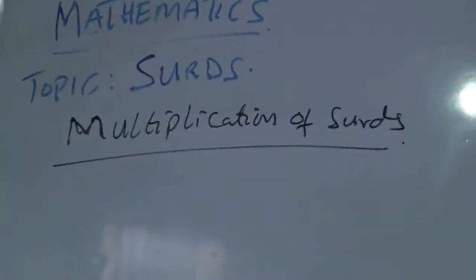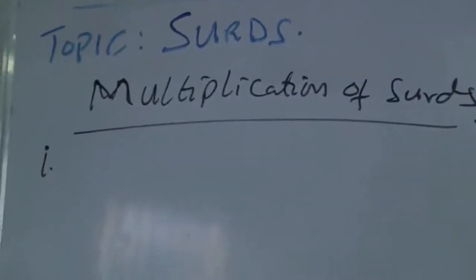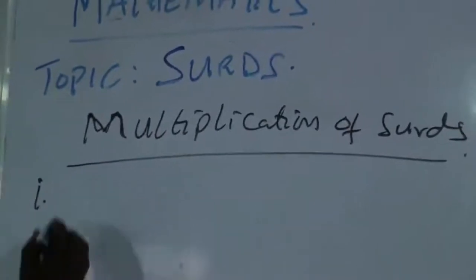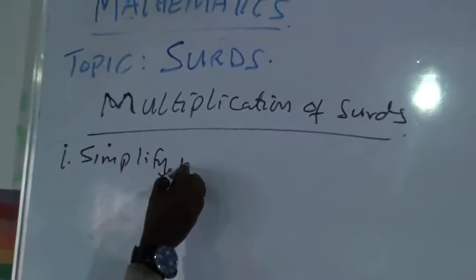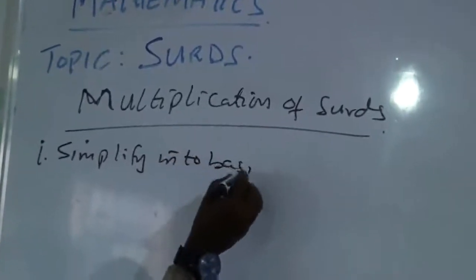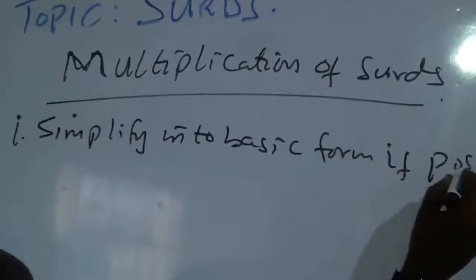Now, to multiply surds, we first of all simplify into basic form, if possible.